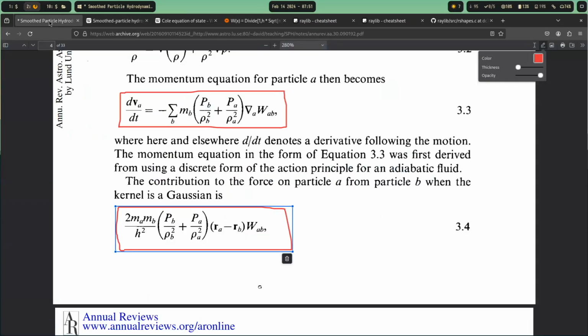Let's see on the thing what is next. So next would be to compute this force.